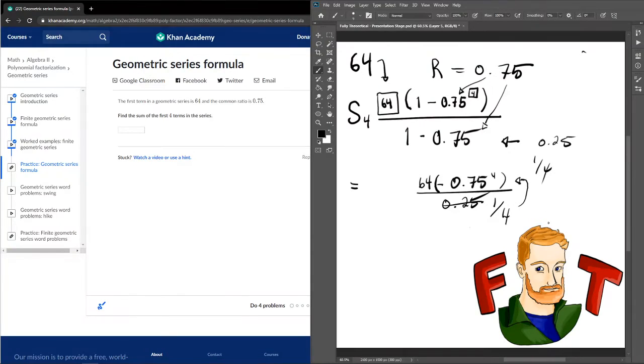So this is 4/1, or in this case, just 4. So basically that's 4 times 64 times negative 0.75 to the fourth. It's basically what that is.